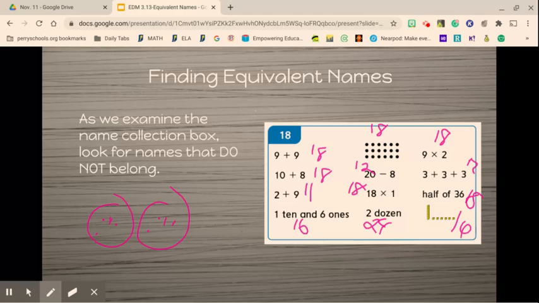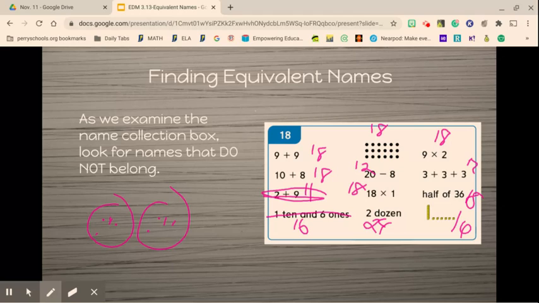Now, my name collection box needs to be all the same. I have some in here that do not belong. So I know that 11 does not. So the 9 plus 2 does not work. The 1 ten and 6 ones, 16, does not work. We're going to look at what other ones do not work.